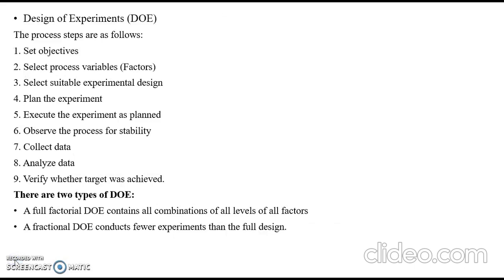And the next tool is design of experiments, that is DOE. During the analysis phase, the team arrived at a few causes which were responsible for process variations. Here the Six Sigma team should make sure that the process variations are created by the same factors by means of DOE, that is design of experiments.